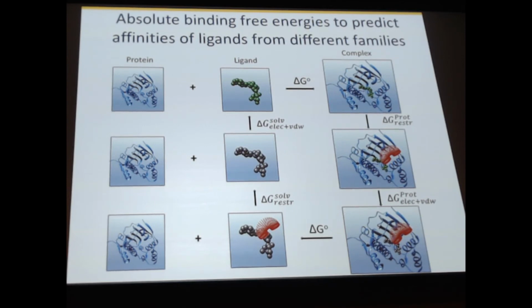On the left, we have the protein and the ligand, fully solvated. On the right, we have the ligand bound to the protein, and the complex is fully solvated. So delta G is the free energy of forming this complex under these conditions. The unbound and the bound states are linked by a path that we choose, consisting of several alchemical steps that gradually eliminate the interaction of the ligand with its surroundings.